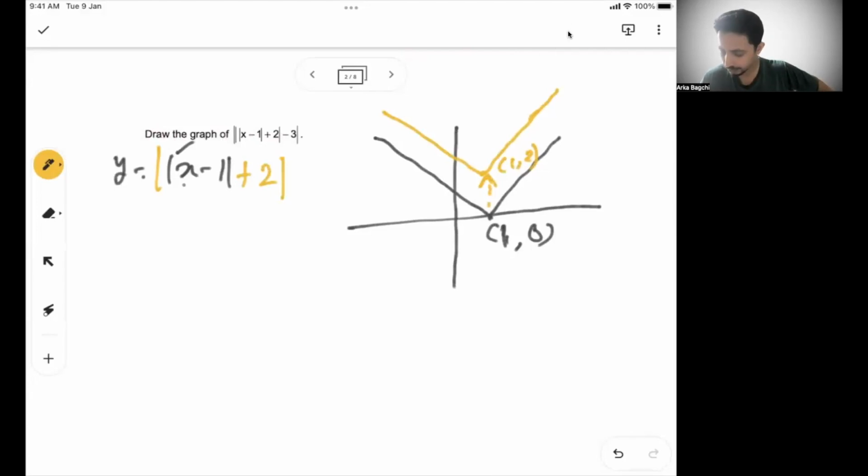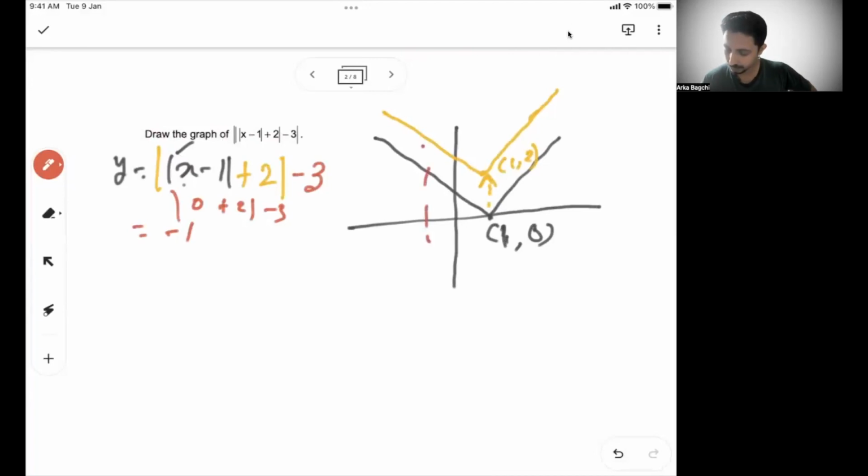Now the interesting fact. In a different color, let's say now if I subtract 3. So if I subtract 3, what will happen? If plus 2 takes the graph up, minus 3 will take the graph down. So basically, at x equal to 1, this part will be 0, this plus will be 2, and this will be minus 3. So y will be minus 1. So at x equal to 1, y will be minus 1.